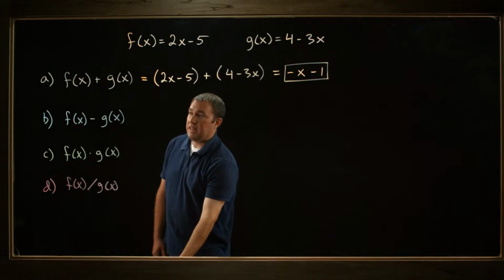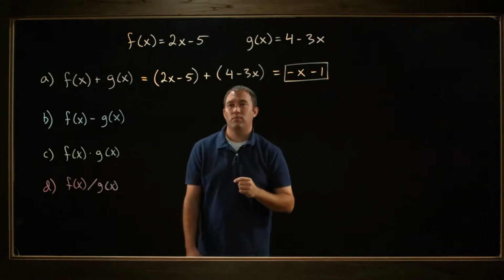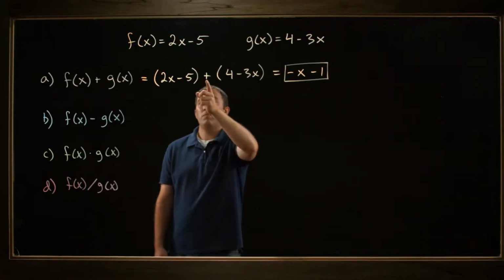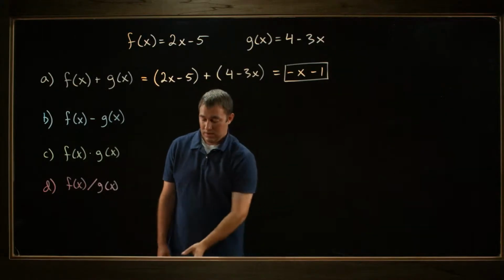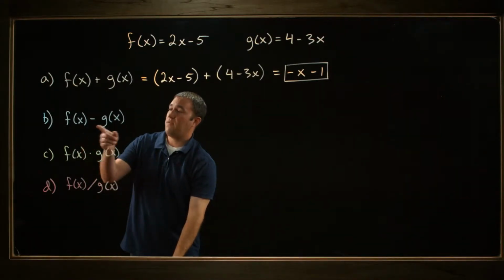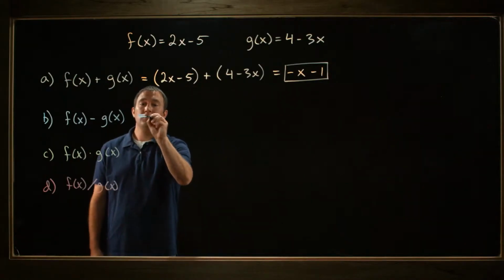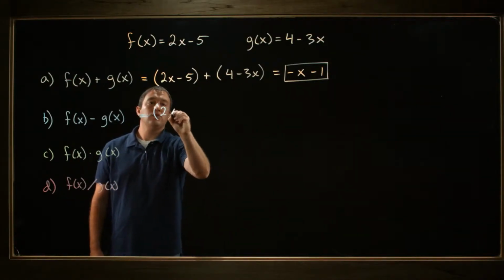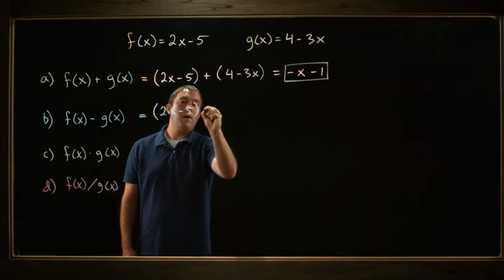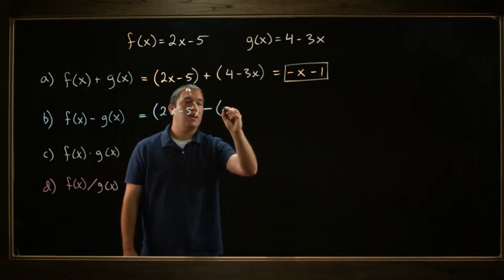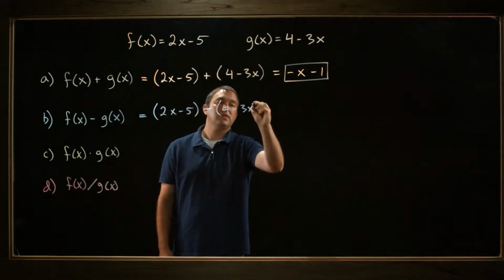Now, in this problem right here, I put the two functions in parentheses, but I didn't really have to because I was adding them. For this new function, f of x minus g of x, the parentheses are really important. So I'll do the same thing, 2x minus 5, but now minus a 4 minus 3x.